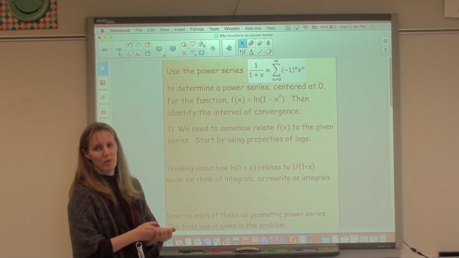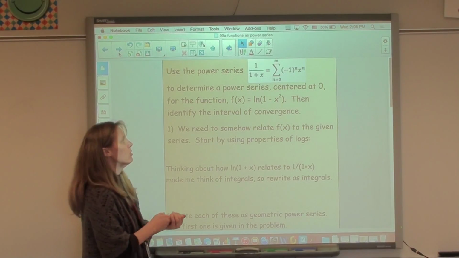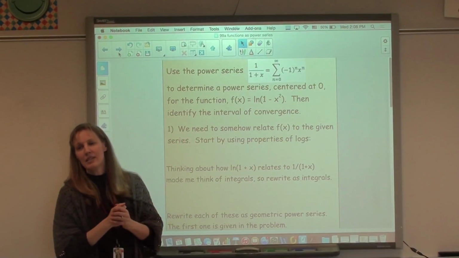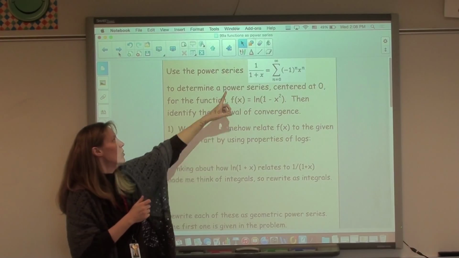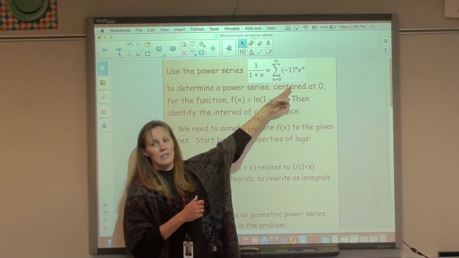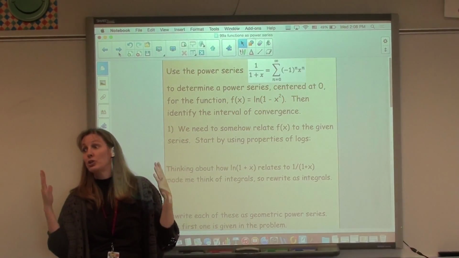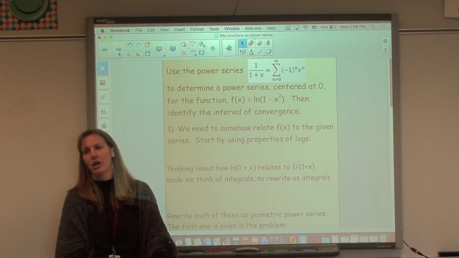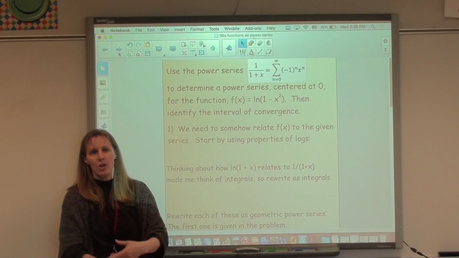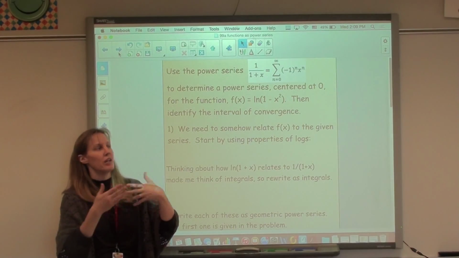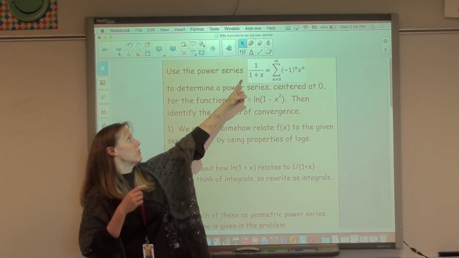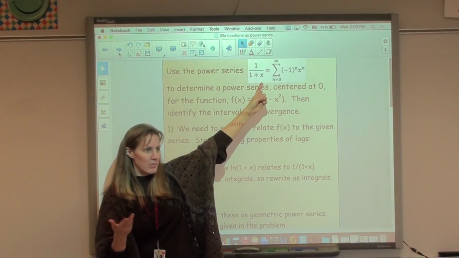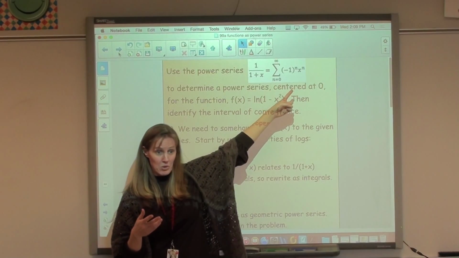Here's what's going to happen with these types of problems. You are going to be given an opening series. In this case, we're told, hey, 1 plus x is equal to this series. There's a lot of series that we already know. When you get to chapter 9 or 10, there's this huge page, just a giant list of series, right? So if you take a function and convert it to sigma notation, like what we just did with all the past functions, use that a over 1 minus r thing and rewrite it in sigma form.